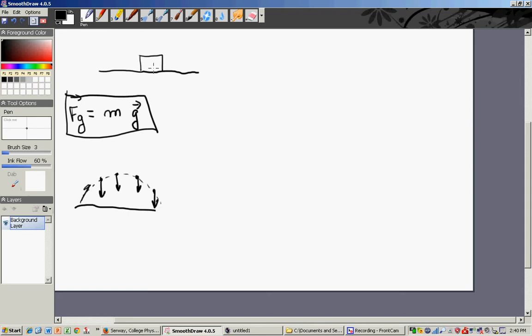Therefore, this force called gravity will always be pointing in a downward, vertical direction, facing down. So if I were to represent this force acting on this block, here it would be. The gravity force is equal to m times g, which we found as being 9.8.